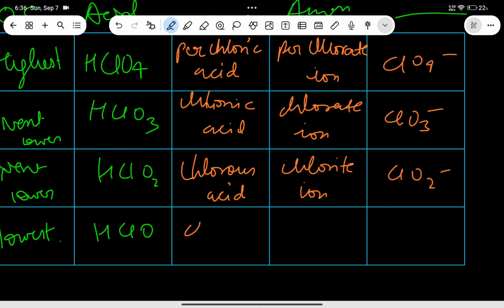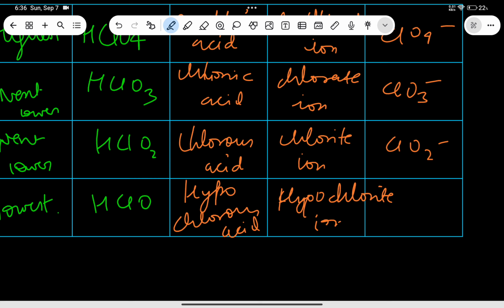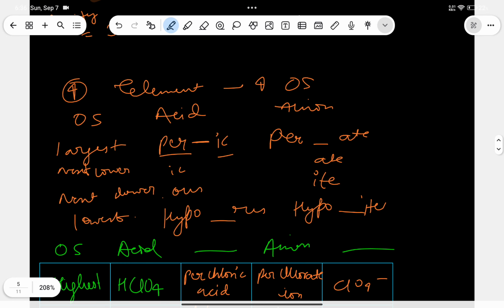And simply this will be hypochlorous acid, and hence it will be hypochlorite ion, and it would be ClO minus. Nice. So we have done all the examples to understand it perfectly well.